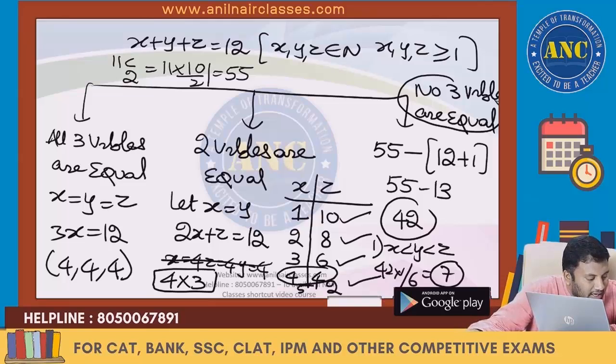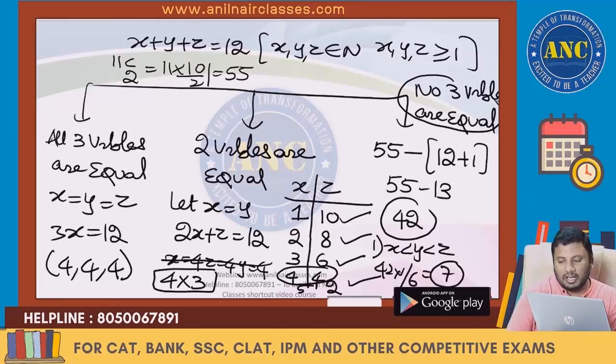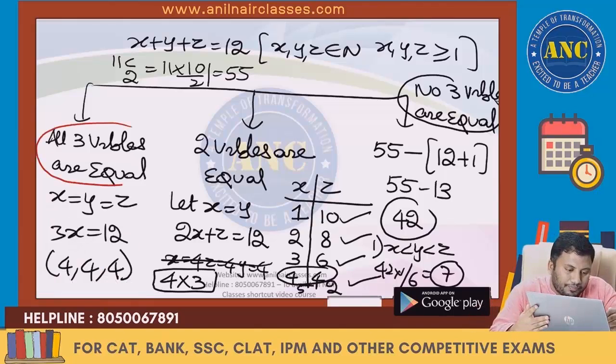Is this idea clear to you? All 3 variables are equal, 2 variables are equal, and no 3 variables are equal. Kindly reply in the live chat if it is clear to you.